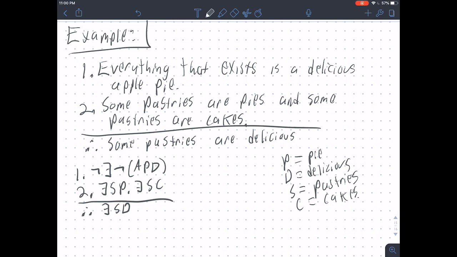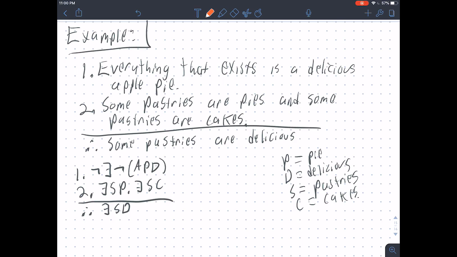Okay. So I'm going to give you an introductory example that starts from the English, even though I'm not having you translate these yet, just to show you that we can translate a wide variety of English sentences into our Boolean schemata. So consider the argument. Again, this is silly, it's from the book, but I like silly arguments. First premise, everything that exists is a delicious apple pie.